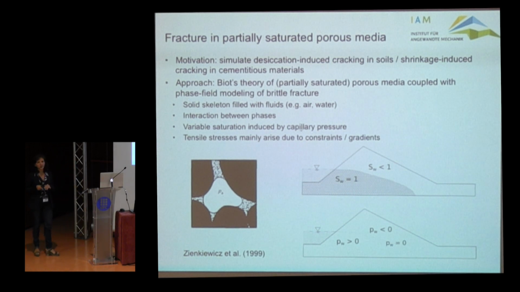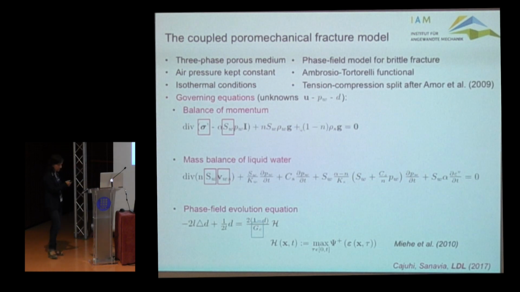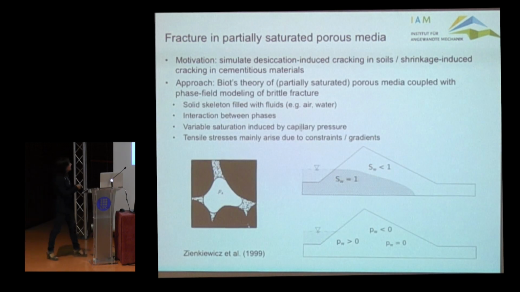We are still working in isothermal conditions, so we don't have temperature as an unknown. So we are working in a simpler version where we have the fluid pressure and the displacement field as unknowns. And then, of course, on top of that, we added the phase field, and we came up with a model with 3 unknown fields. One is the displacement field.